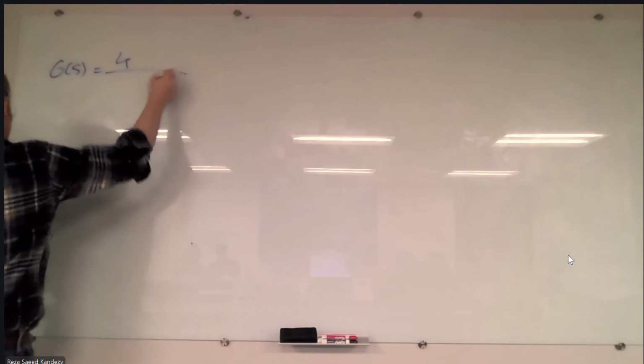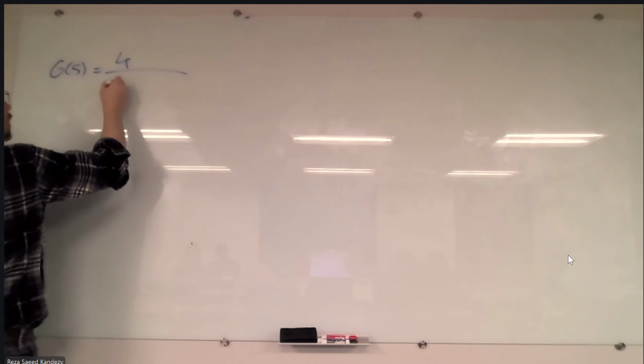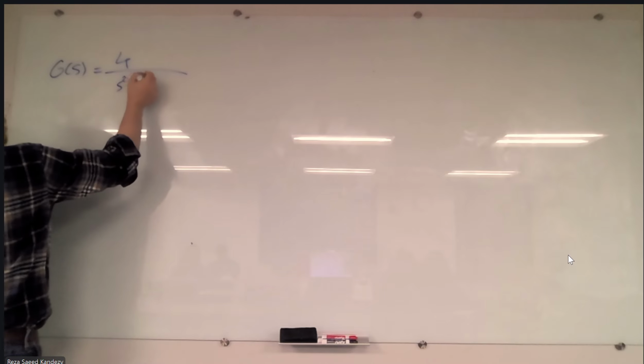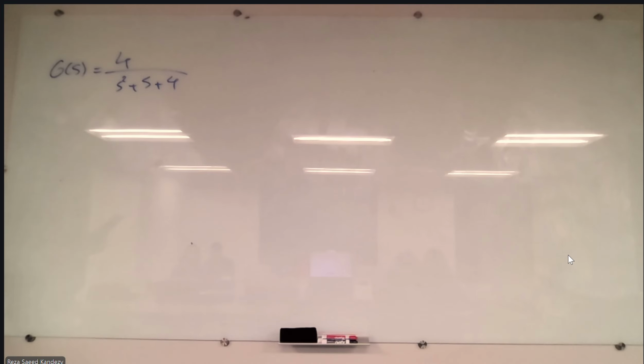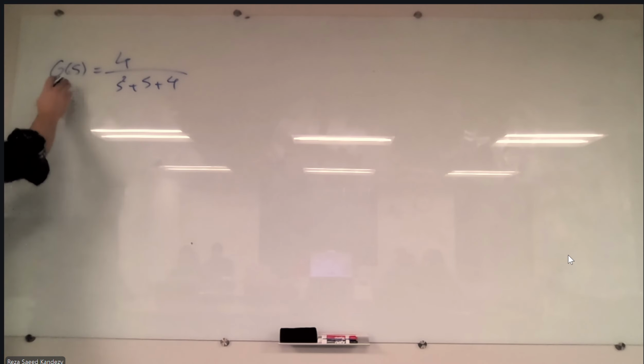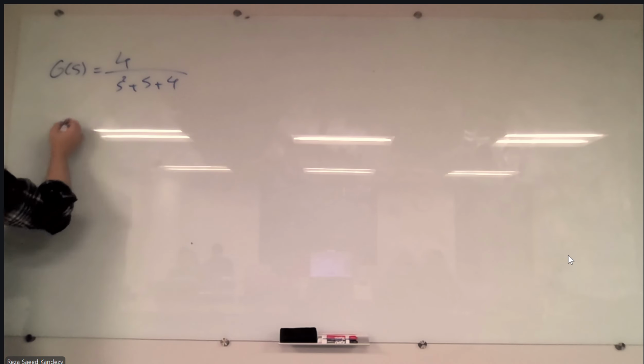Now, the next example that we have is G of s equal to 4 over s squared plus s plus 4. You good? Now, again, the first step is to put j omega instead of the s.